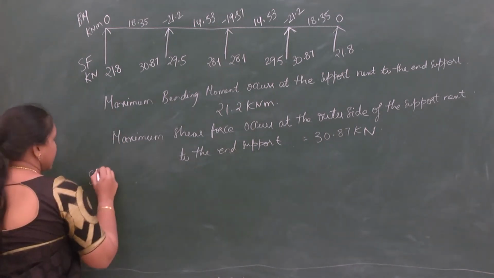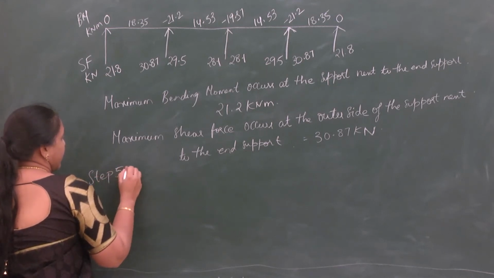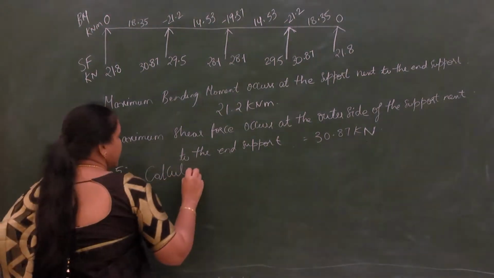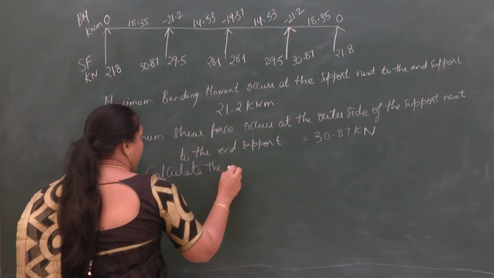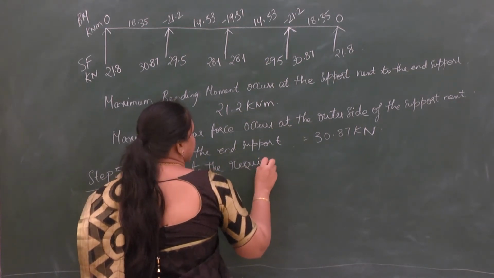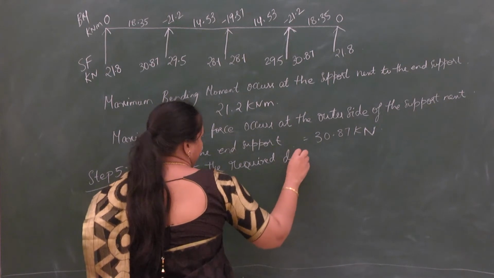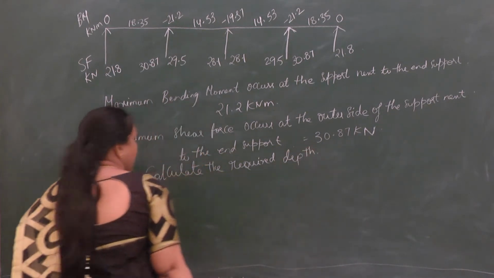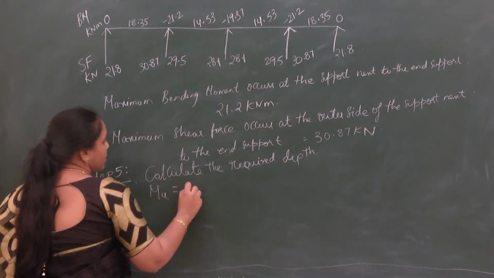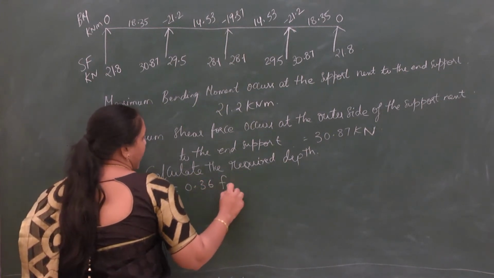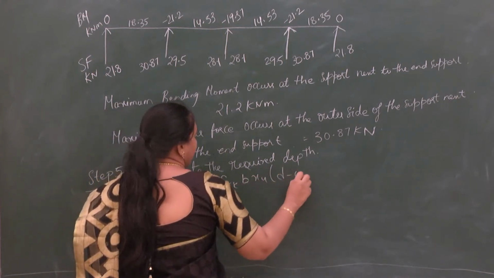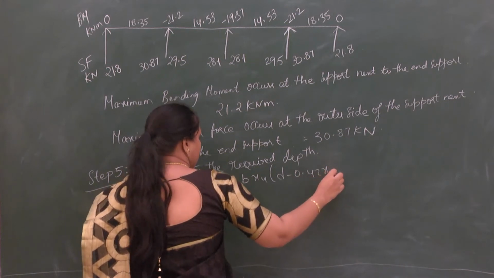So that is step 5, to calculate the required depth. So how will we calculate the required depth? By using the equation Mu is equal to 0.36 fck b into xu into (d minus 0.42 xu).